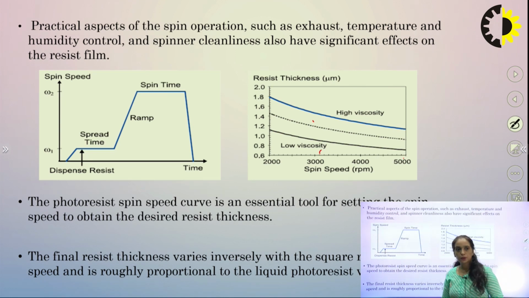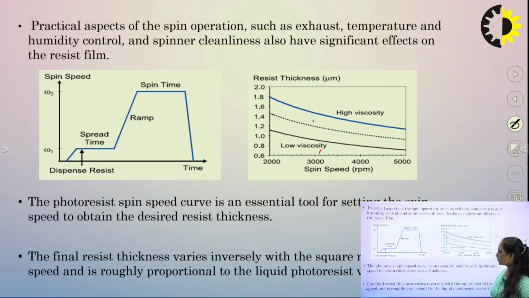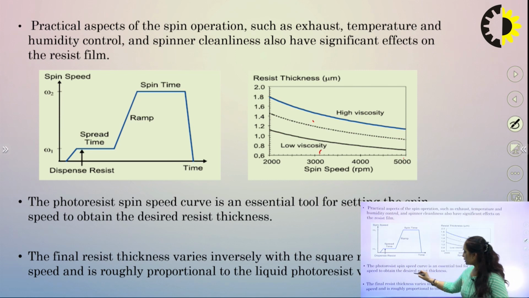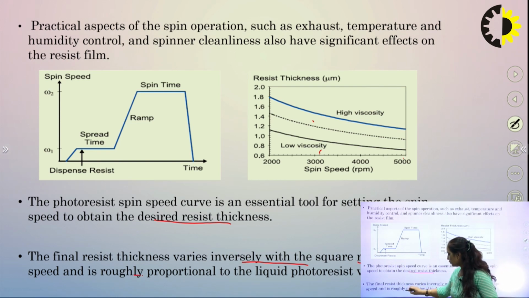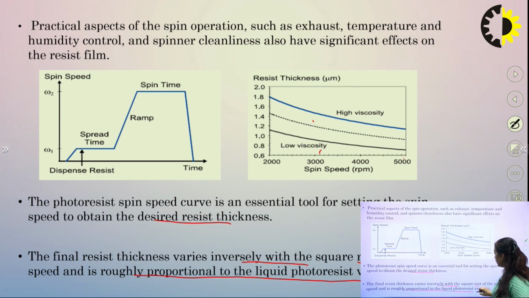The photoresist spin speed curve is an essential tool for setting the spin speed to obtain the desired photoresist thickness. The final photoresist thickness varies inversely with the square root of the spin speed and is roughly proportional to the liquid photoresist viscosity, right?